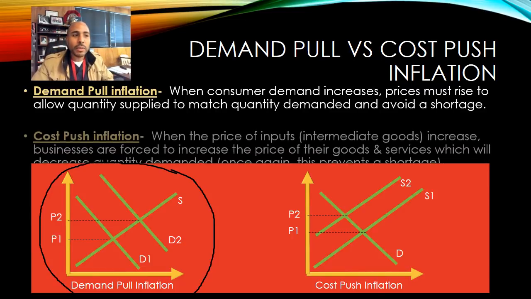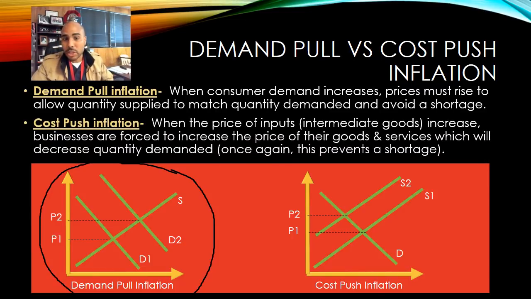Now, another cause of inflation is what we call cost push inflation. Cost push inflation means that sometimes the price of inputs goes up. Inputs is another name for intermediate goods. Remember, those things don't count in our GDP. But when input costs go up, businesses are forced to increase the price of their goods and services. Now, when that happens, we're going to see our supply curve shift to the left, just like you see right over here, okay?